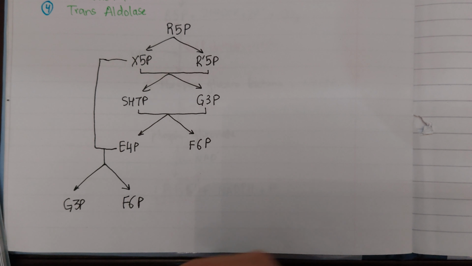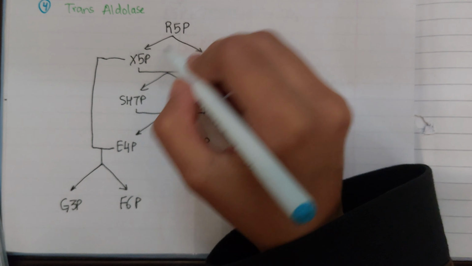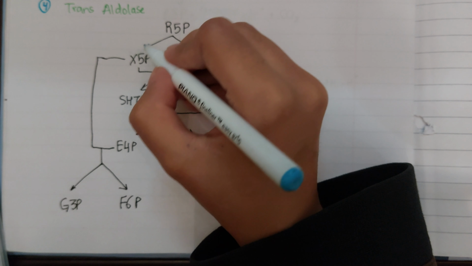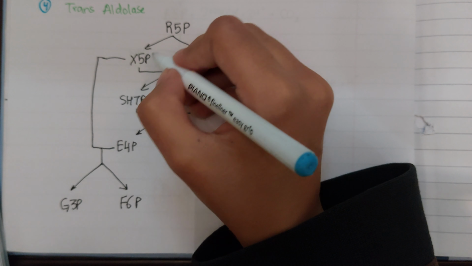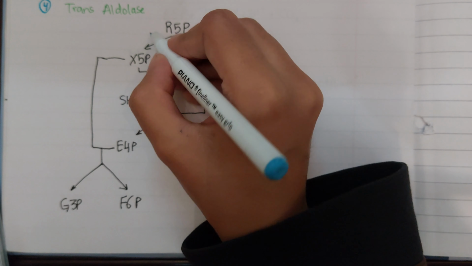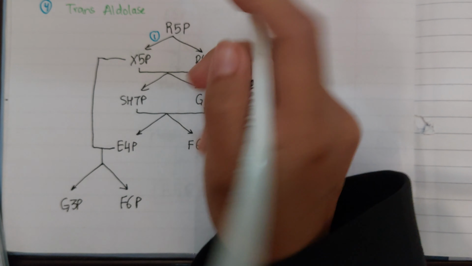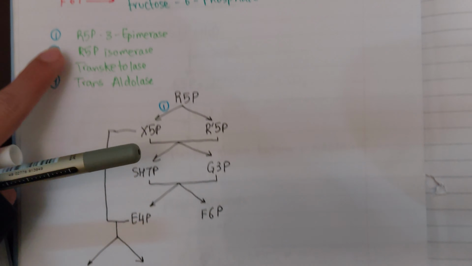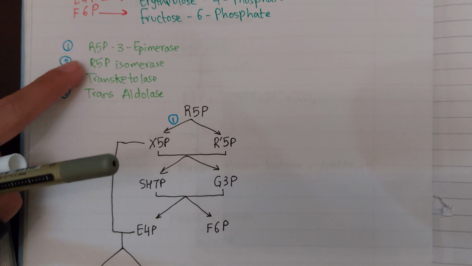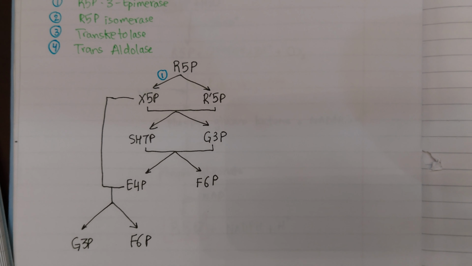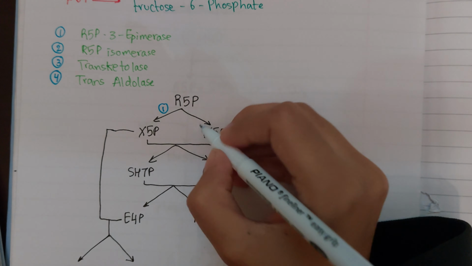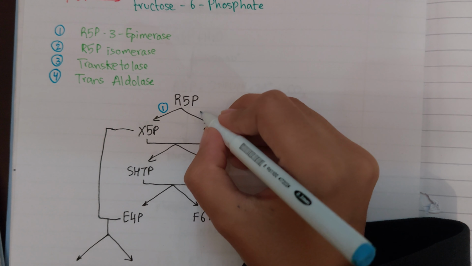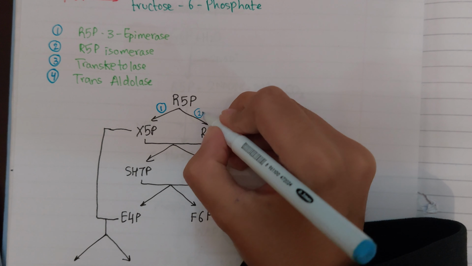So the enzymes I talked about are here. To produce xylulose 5-phosphate, this uses the first enzyme, which is ribulose 5-phosphate 3-epimerase, and to produce ribose 5-phosphate, R5P isomerase is used.